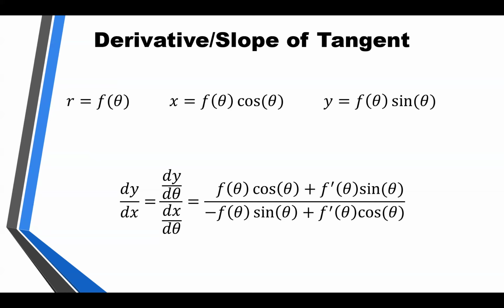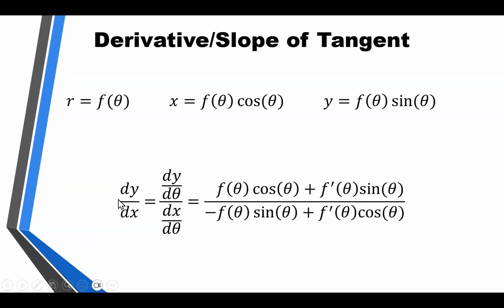When I do the conversions, x is equal to r cosine theta, y is equal to r sine theta. So f of theta times cosine theta is my x value. F of theta times sine of theta is my y value.